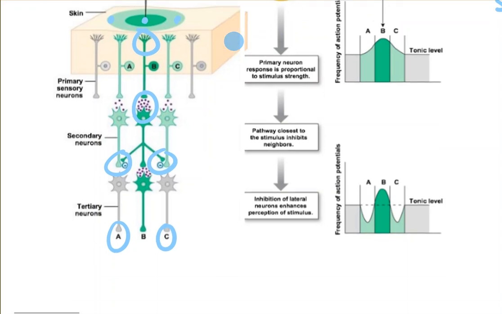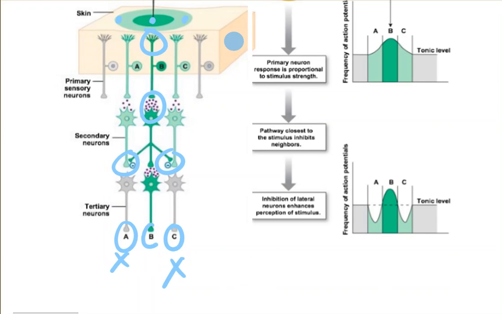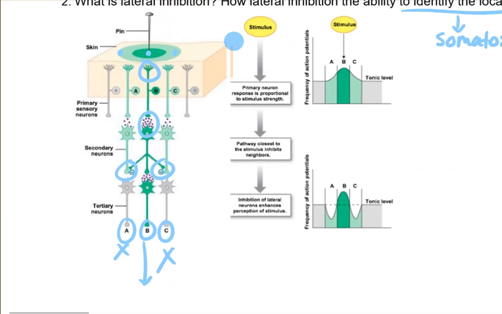So when these neurons go to our brain, they just won't have a signal at all. There will not be a signal here going to our brain saying this area is being touched, which means that only signal B goes to the brain to tell our brain we are being touched in this specific place, which is this dark green spot.